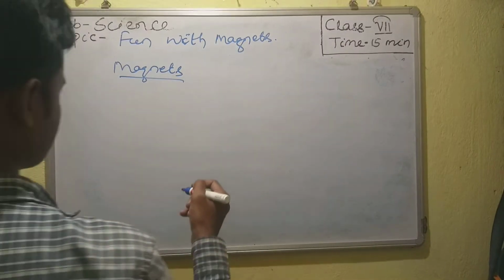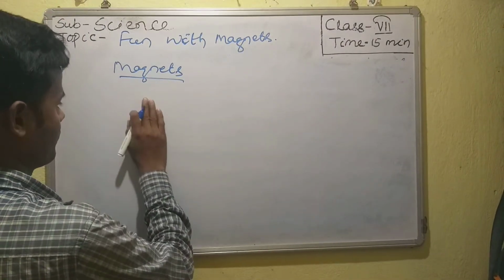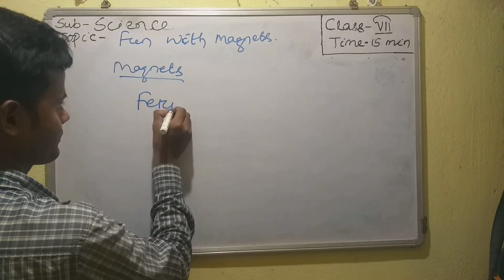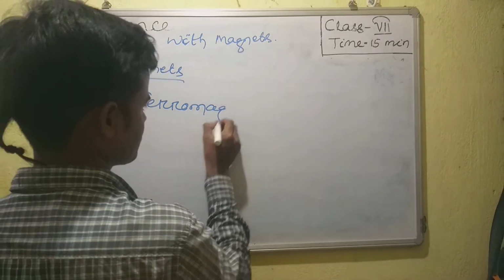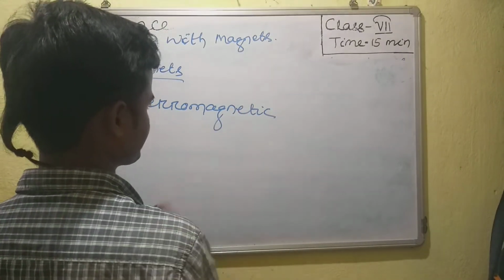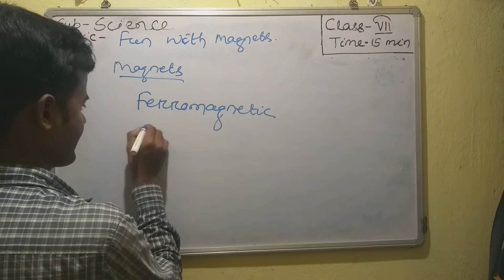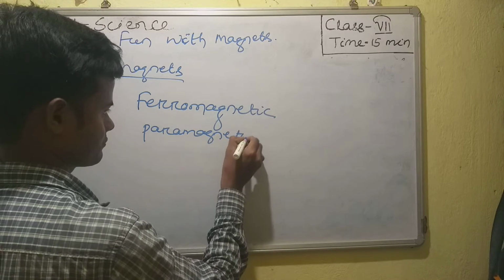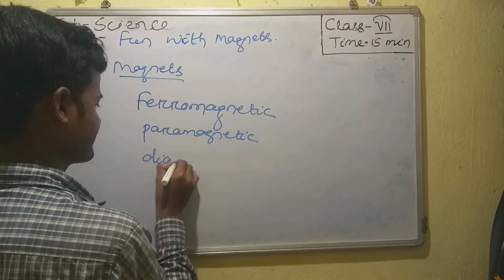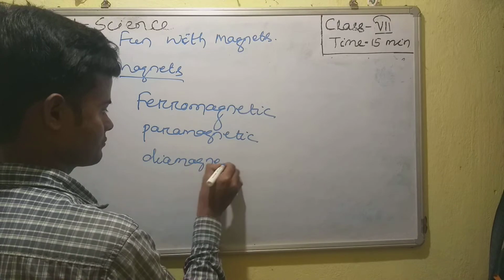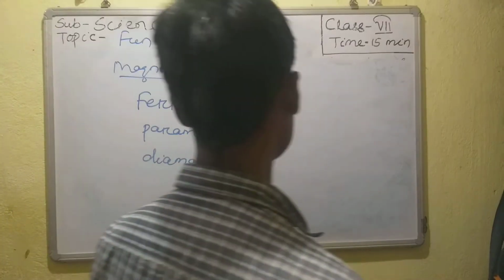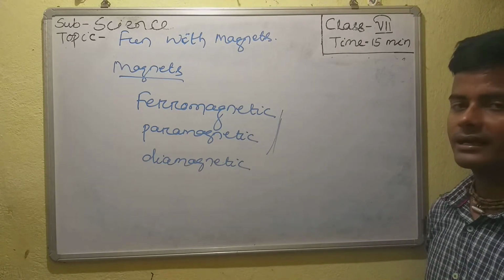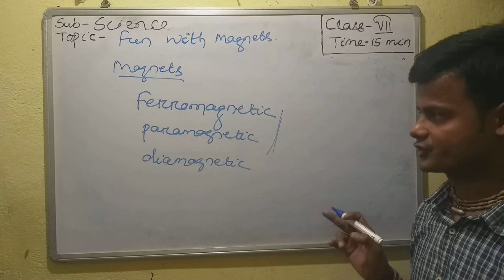Generally, there are three types of substances: ferromagnetic, paramagnetic, and diamagnetic. Right? These are the three types of substances.